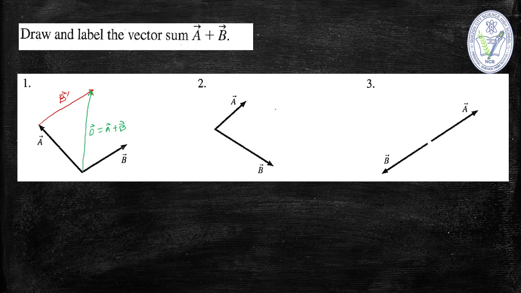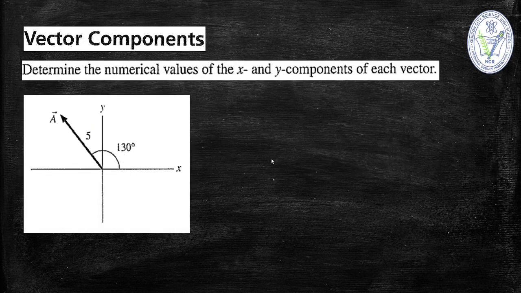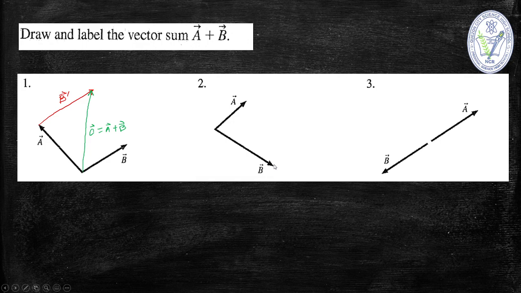Now for number 2, the same procedure will be done. But this time, instead of making a parallel image of vector B, I would make a parallel image of vector A. So I would name this as A prime.